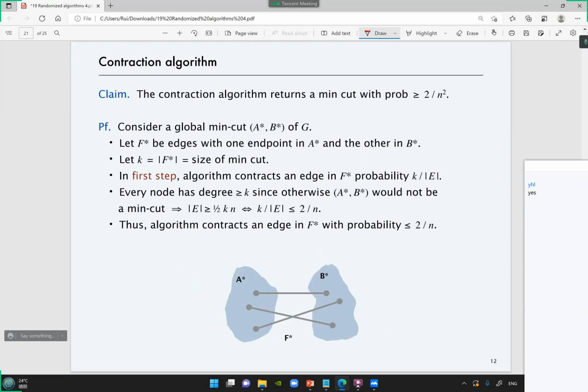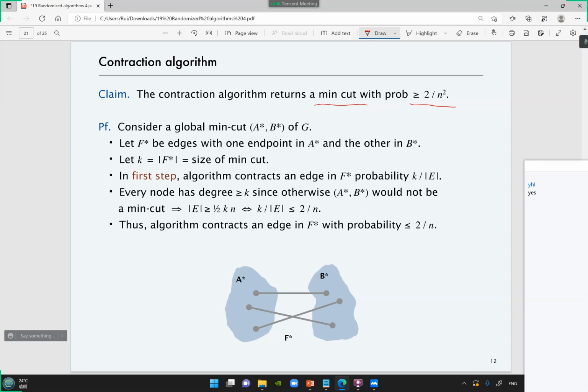So the claim is that this contraction algorithm is going to return a min-cut with at least 2 over n squared probability, where n is the number of nodes. So this is actually not a very high probability. Because if you have like 1,000 nodes, then you only have like a 2 in 1 million probability of returning a min-cut.